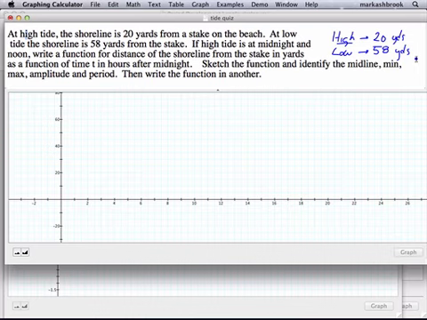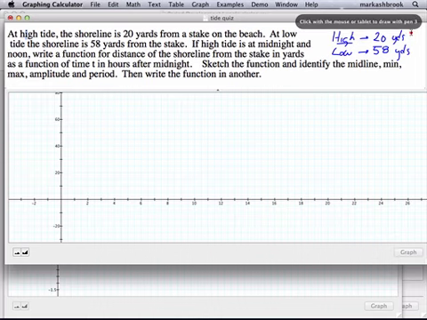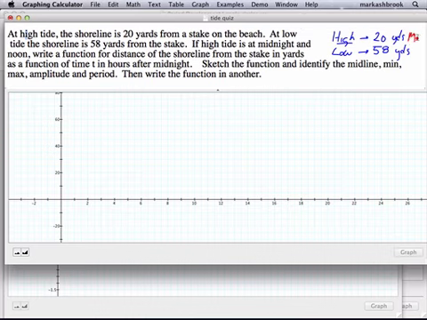You get it? Remember, high tide is your min. Low tide is your max of the function.